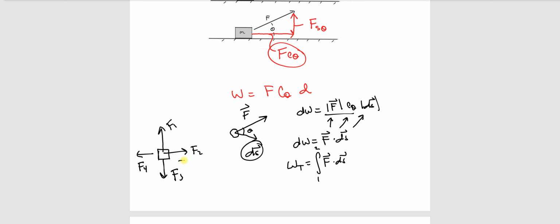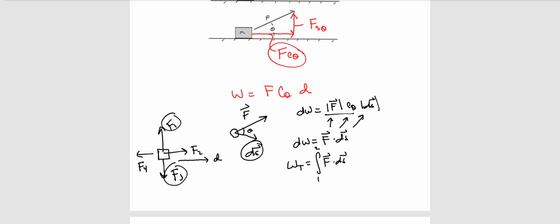If this object moves to the right, a distance, let's say d here, F2 does positive work because the force is in the direction of motion. F4 does negative work because the force is in the opposite direction of motion. And forces 1 and 3 don't do any work at all because the forces make a right angle to the distance. Okay, that's really important to realize.